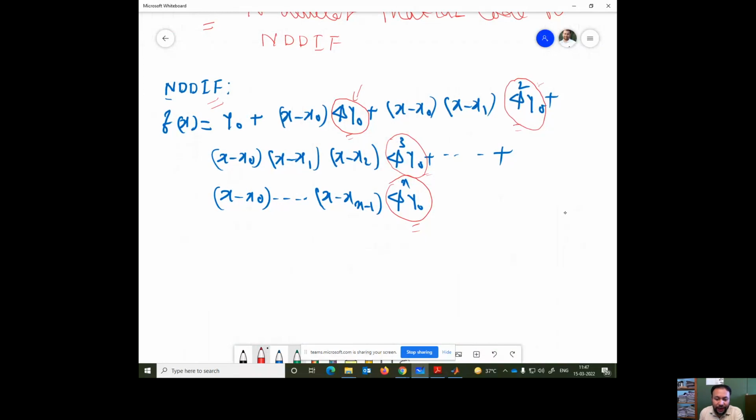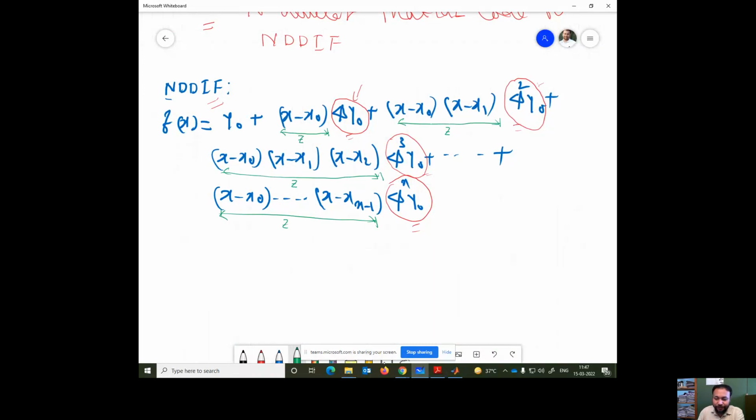Before doing that, let us try to classify this into two parts. One part is, suppose, this part: the coefficient of delta y naught, the coefficient of delta square y naught, the coefficient of delta cube y naught, and the same here, the coefficient of delta to the power n y naught. Suppose I want to define this variable by z.